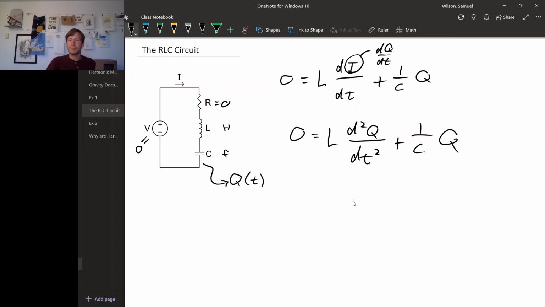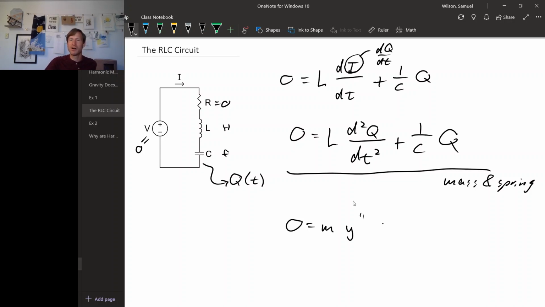Now, you can see this is very, very similar to our spring equation, the mass and spring equation. The mass and spring equation was mass times y double prime plus spring constant times y.